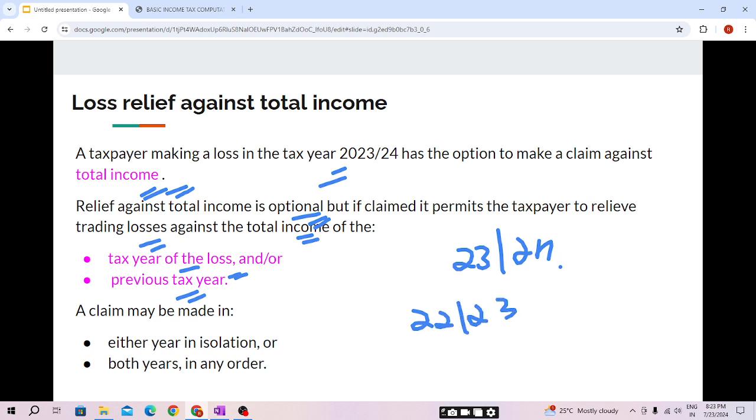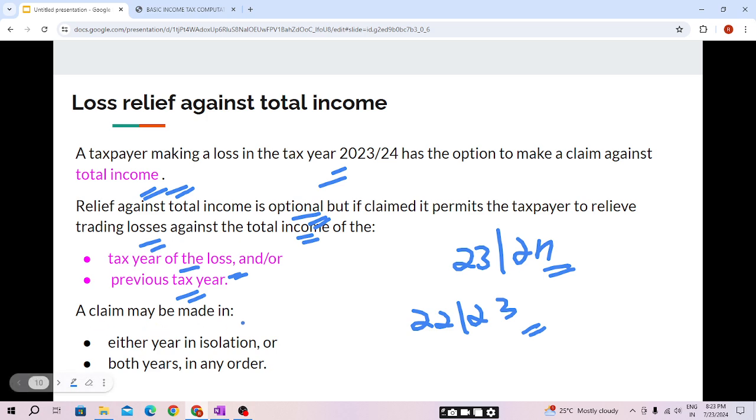We can set off the loss against the current year total income and previous year also. This is clear. Current year and previous tax year also.